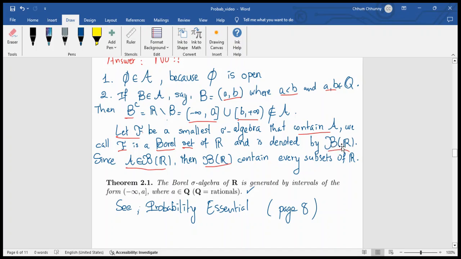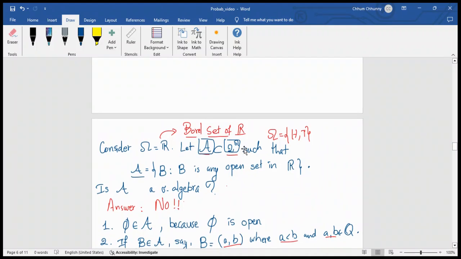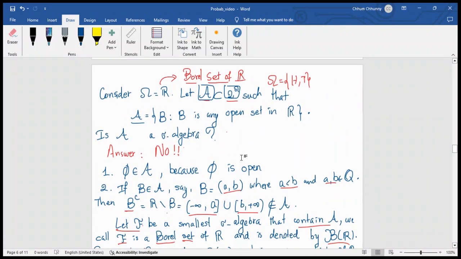The Borel set is an important concept. I talk about the Borel set in this video because in the next video I will use it to talk about random variables. That is why I want you to see what exactly the Borel set of A is.